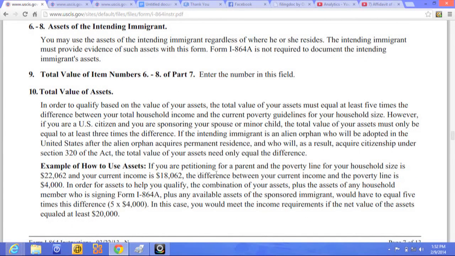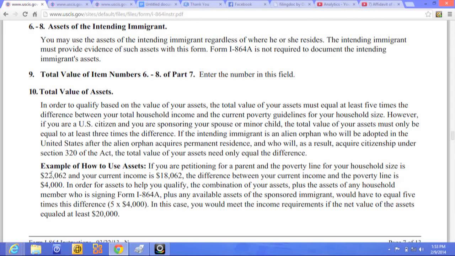If you are petitioning for a parent, and the poverty guideline for the household size is, let's say, $22,060, that's just an example, that means your gross income should be $22,060 to be qualified. You don't have this sum. Your gross income is below this value because your current income is $18,062. So that's your current income. It's below. The difference is going to be about 4,000. That means you need 4,000 to get to this level.